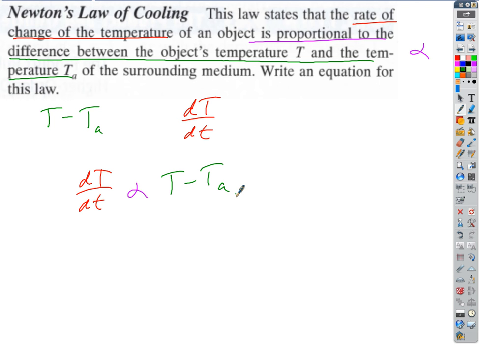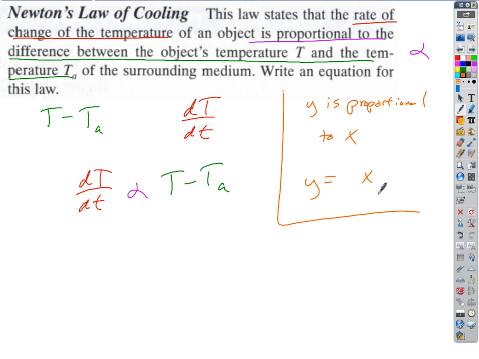So how do we say something is proportional with an equation? If I want to say, let's take a slightly different example, an easier one. If I want to say that y is proportional to x, how do I write that? Y equals, well, that's an example, but that's not a general way of saying that. Y equals Ax.